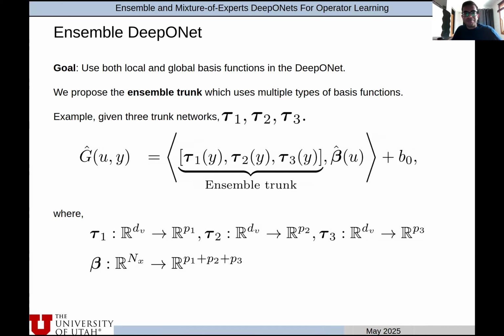Most neural network and machine learning frameworks have vectorized operations which allow you to stack different trunk neural networks, and the total number of basis functions is just a hyperparameter. So P1 plus P2 plus P3 is trivially set, even in the branch neural network, to create as many more coefficients. So that is the key idea behind the ensemble DeepONet.